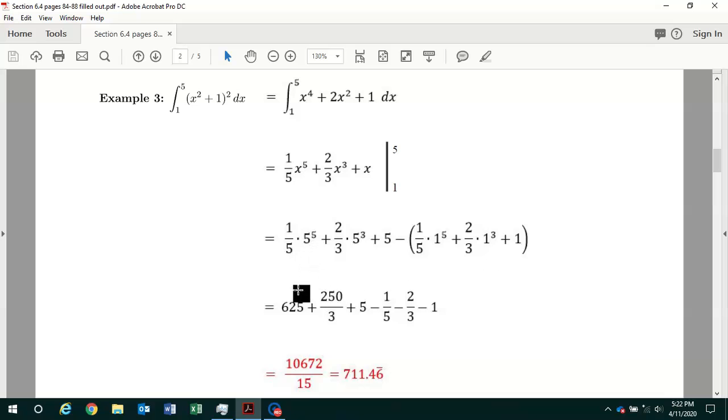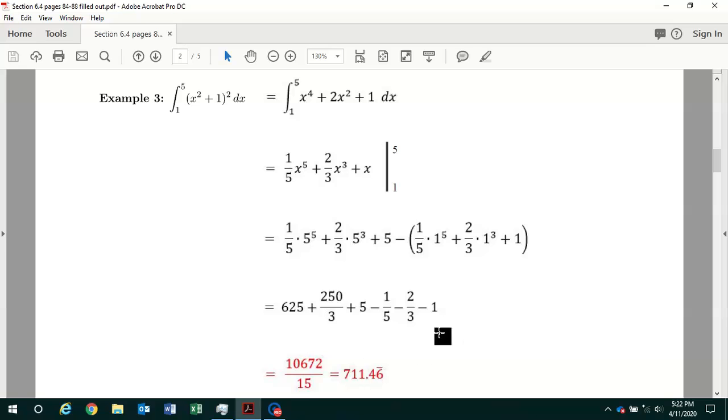And so this first term is equal to 625. The second term is equal to 250 thirds. Then we have the plus 5. And then following the order of operations inside the parentheses and distributing the minus sign, we end up with minus 1/5, minus 2/3, minus 1.